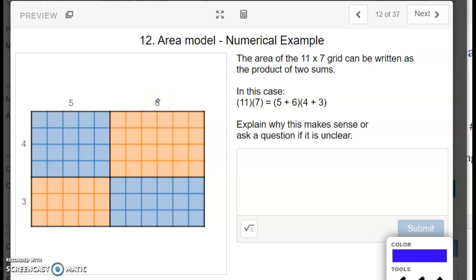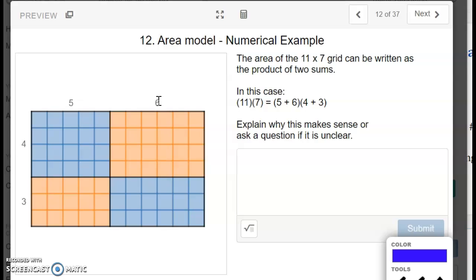It does not really matter. To find the area of this big rectangle, you can multiply 11 times 7, that's 77, or you can think of it as this little area plus this little area plus this little area and finally this little area.